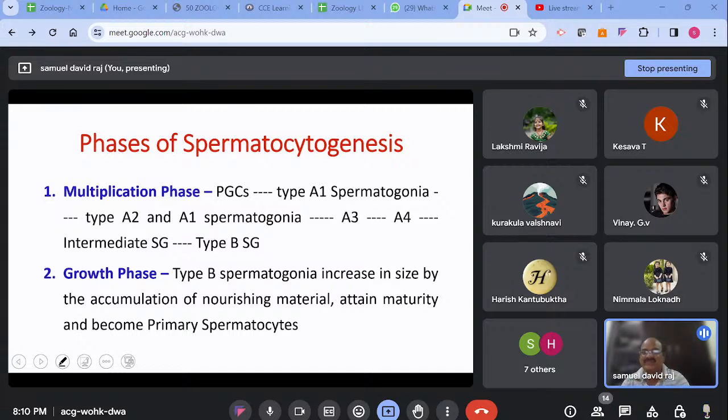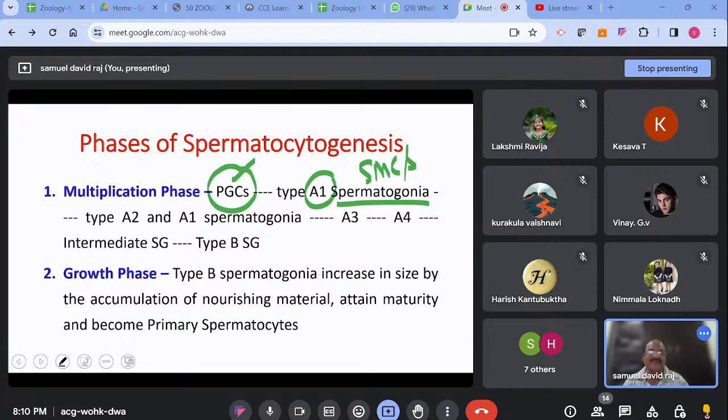And coming to the first phase, that is the multiplication phase. What happens in the multiplication phase? The primordial germ cells, which migrated from the yolk sac through the bloodstream into the gonad, divide mitotically to produce sperm mother cells. These sperm mother cells are called spermatogonia. The first spermatogonia that are formed directly from primordial germ cells are called type A1 spermatogonia.